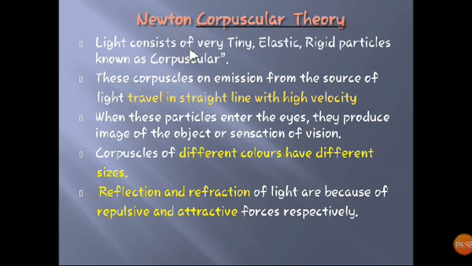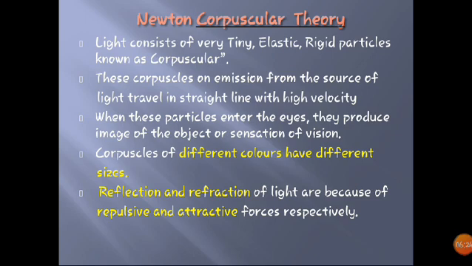So this is the main and first point of this theory. Then, these corpuscles on emission from the source of light travel in a straight line. He says that these corpuscles, that means these particles, travel in a straight line with very high speed, or very high velocity. So this is the second assumption of Newton.